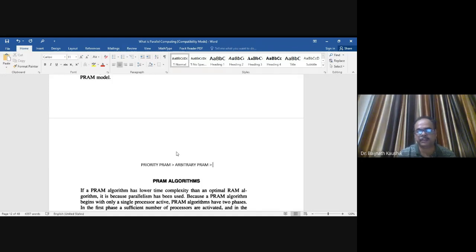The priority PRAM is the most powerful, the strongest model, more than the arbitrary PRAM model, and the arbitrary PRAM model is more powerful than the common PRAM model, and the common PRAM model is more powerful than the CREW and EREW models.